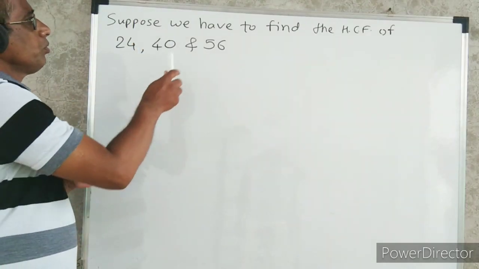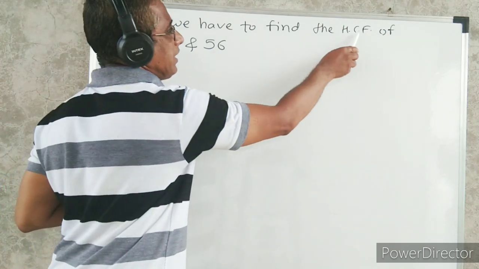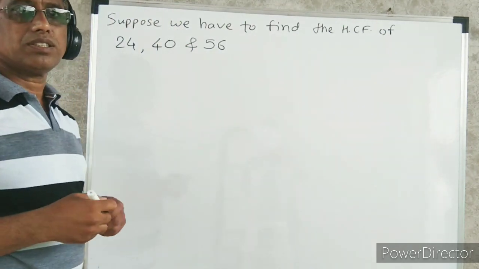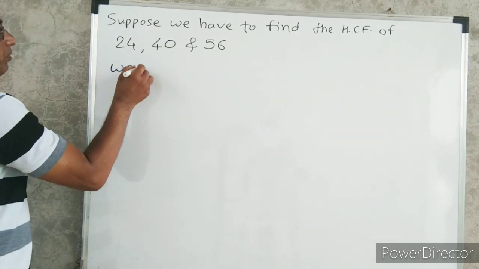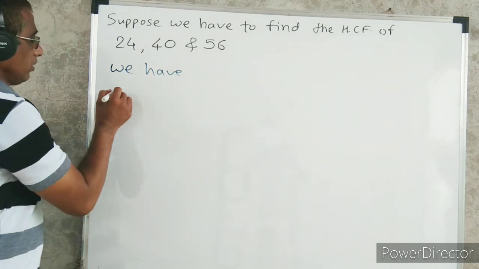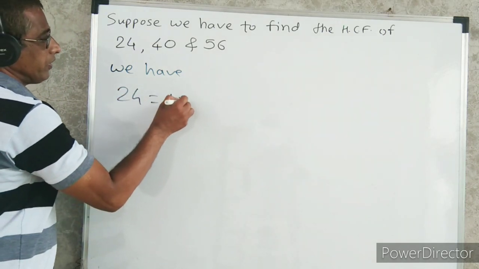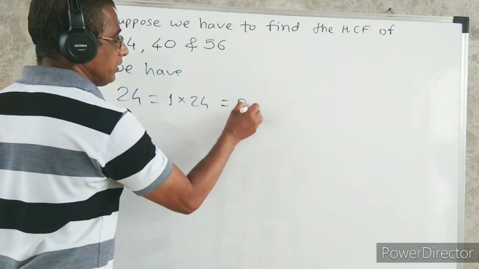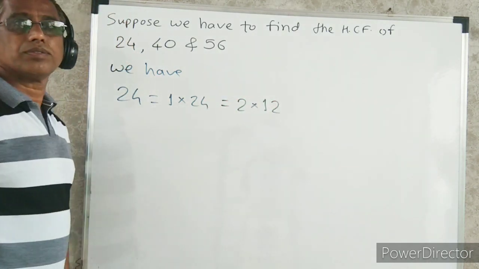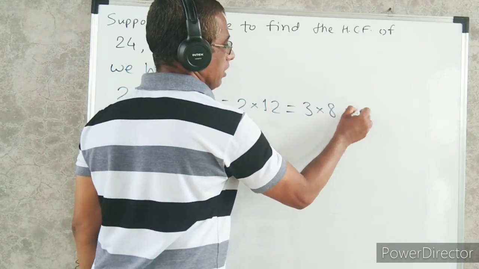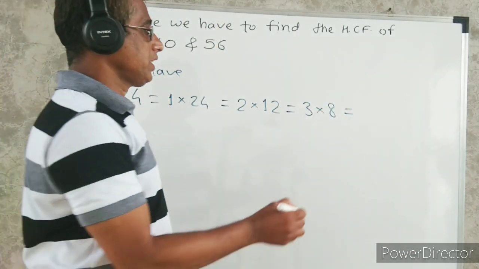Suppose we have to find the HCF of 24, 40 and 56. We have 24 is equal to 1 into 24, or 2 into 12, or 3 into 8, or 4 into 6.